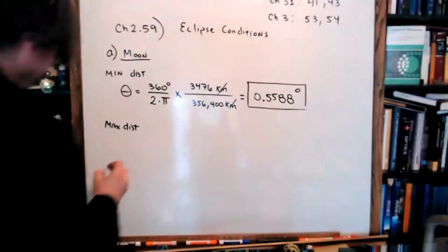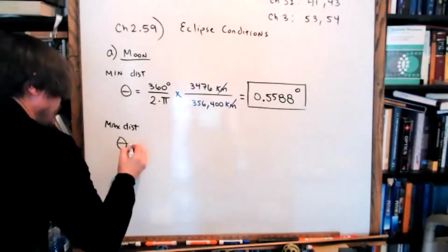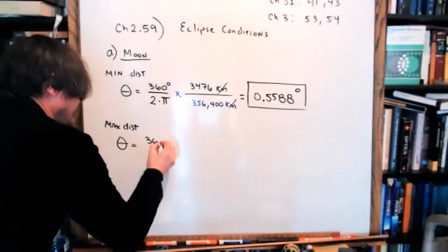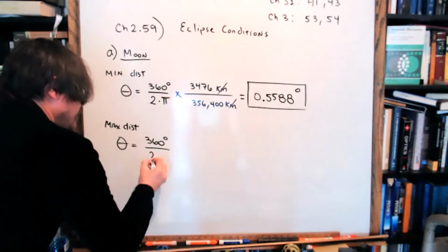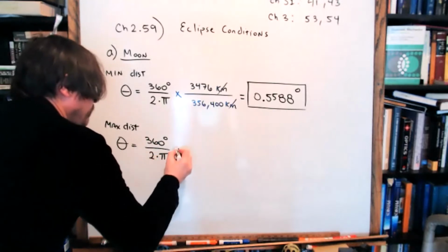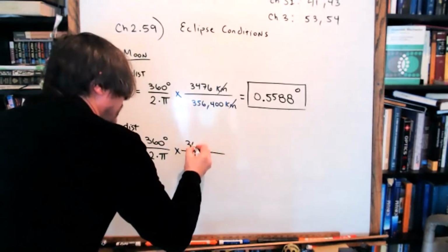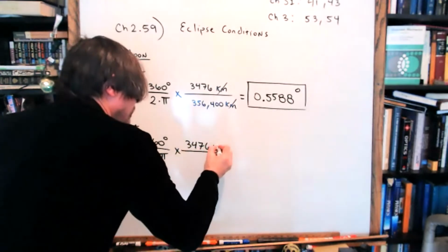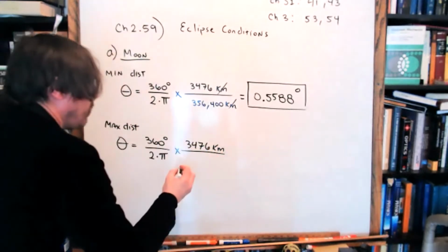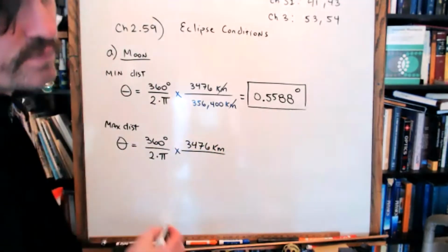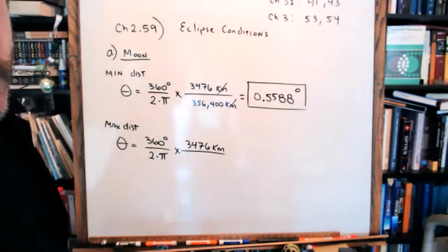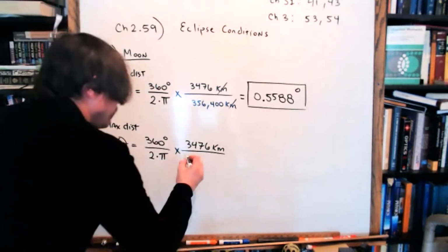Okay. The angular size is 360 degrees over 2 pi times 3476 kilometers over 406,700 kilometers. Is that what it was? Yep, that is.